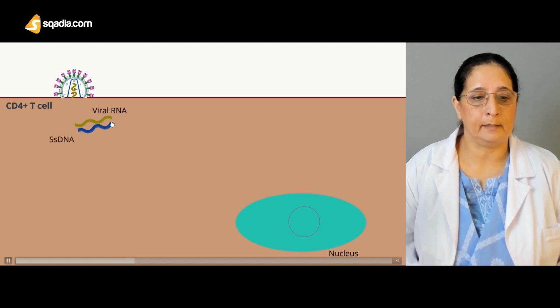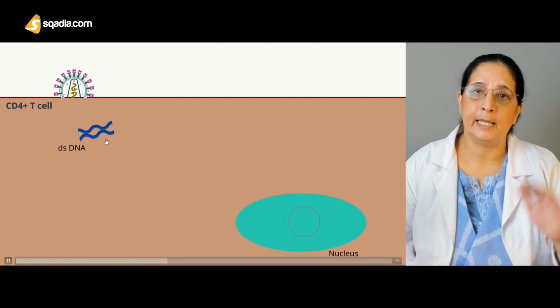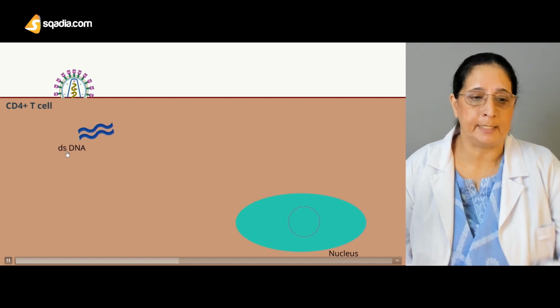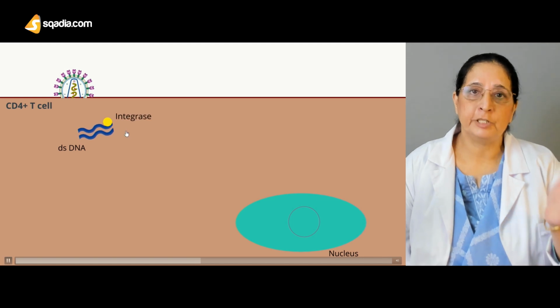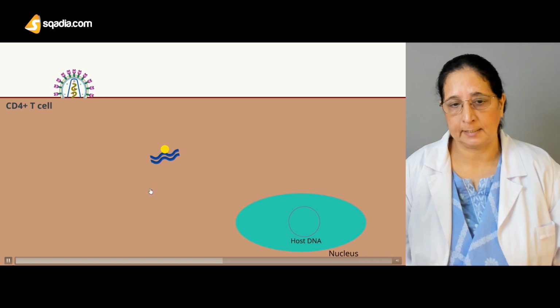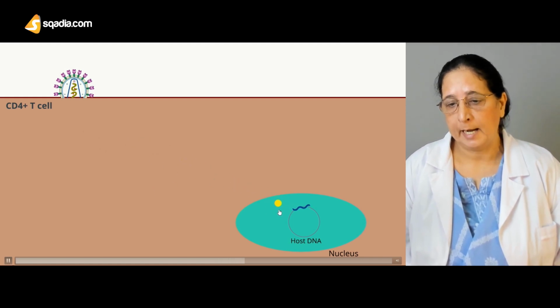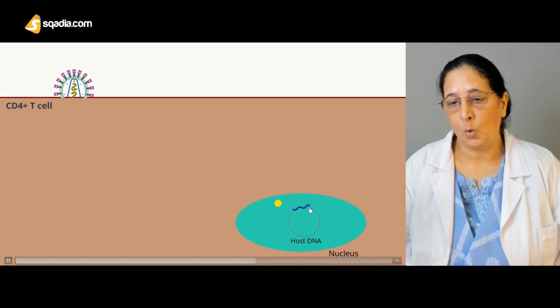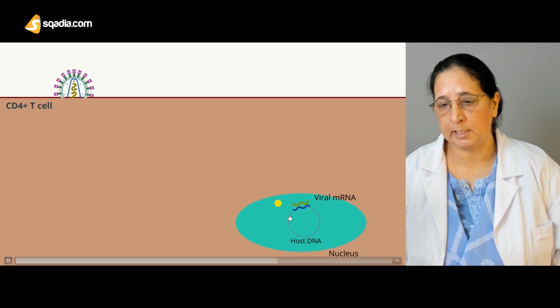This viral RNA then forms single-stranded DNA. Single-stranded then becomes double-stranded DNA. Reverse transcription occurs. Then we have integrase, an enzyme attached to this double-stranded DNA, which brings it to the host DNA and integrates it with the host DNA.